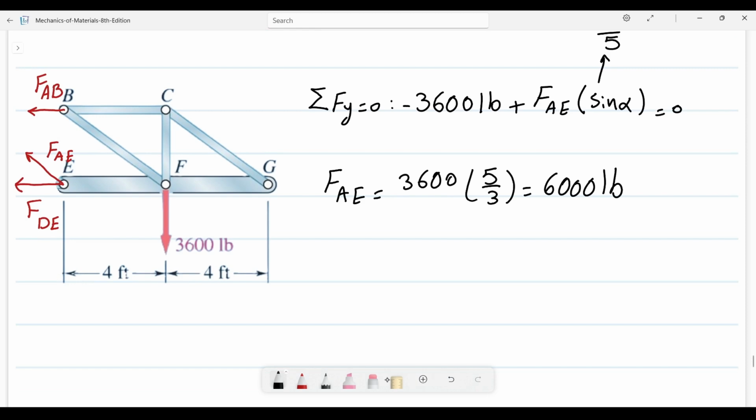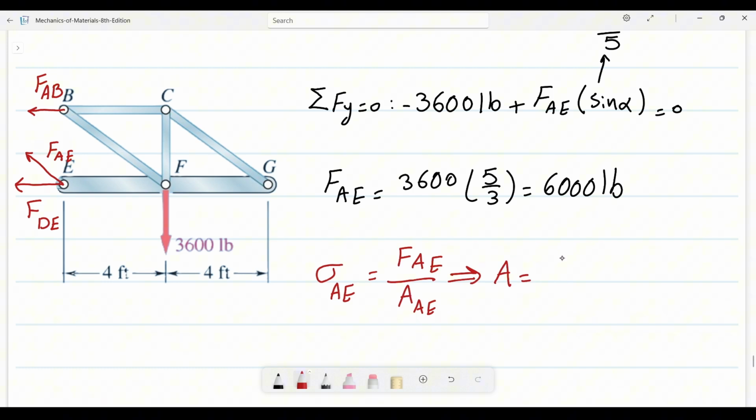According to the general formula, sigma equals FAE divided by the area of member AE. Now we have stress and load, and we want area.